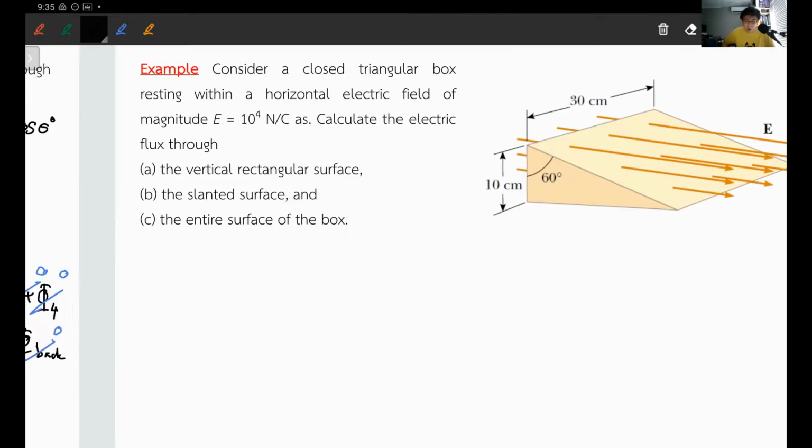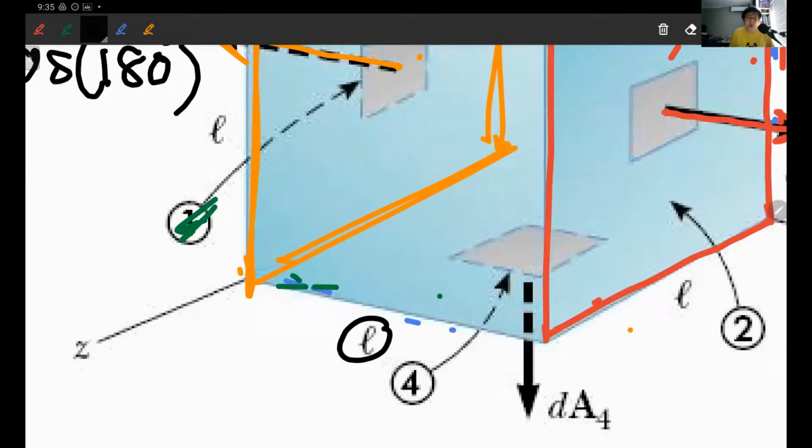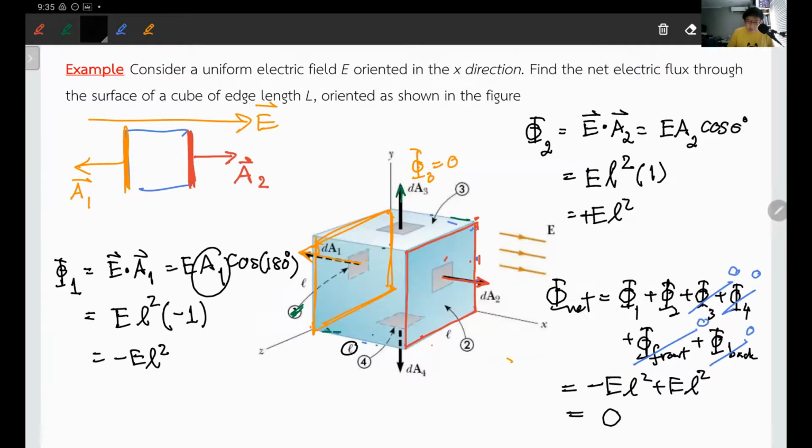Okay, what is L? The length is the length of the cube. So the surface, don't forget the area vector here, A2. It must have magnitude and direction, right? The magnitude is just the area, so actually it's L squared. Let me highlight this one.